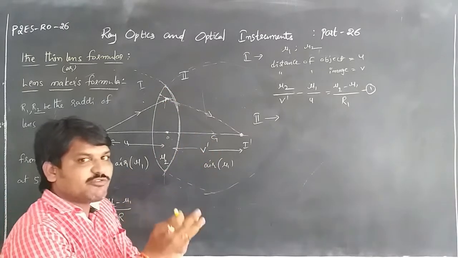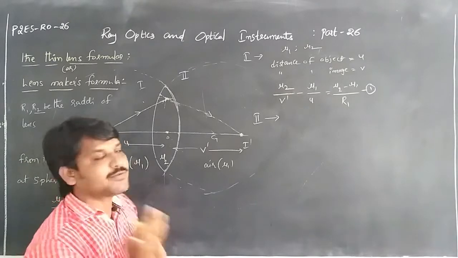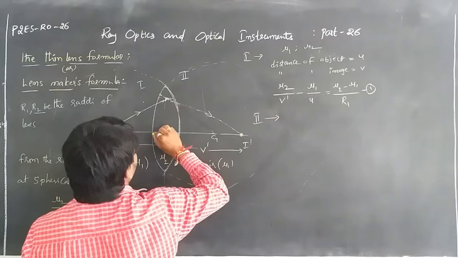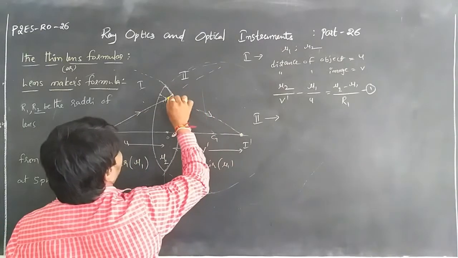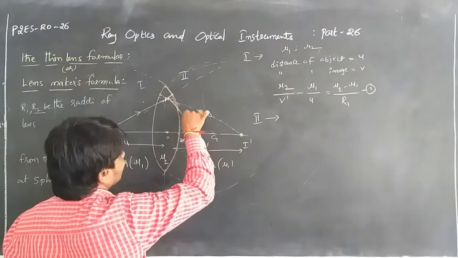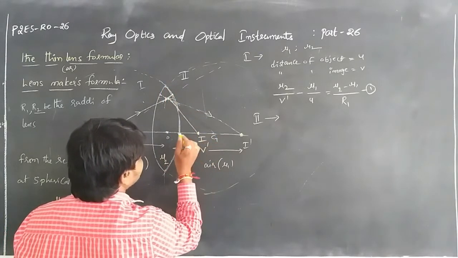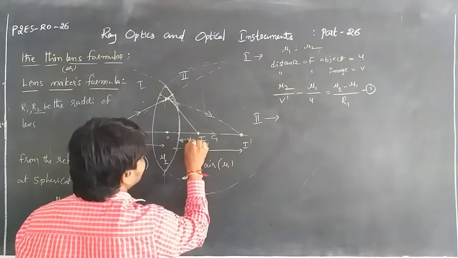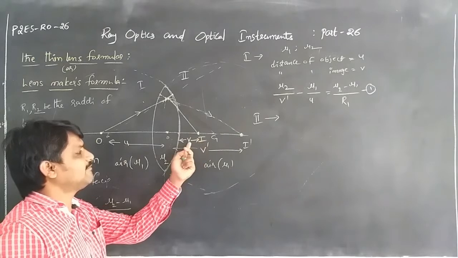When the light moves from the denser to the rarer medium, it moves away from the normal. So here is the normal, and the light moves away from the normal. Then the actual real image is formed at a distance of v.